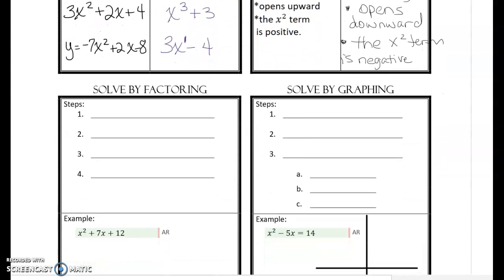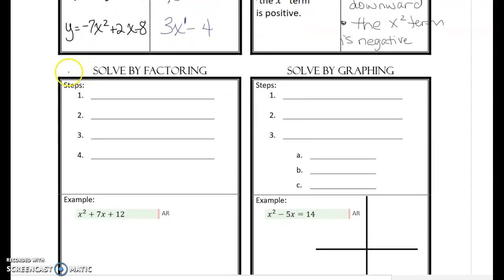All right. So we have some steps to solve quadratics. Okay. Solving by factoring, first thing we're going to do is put it in standard form.